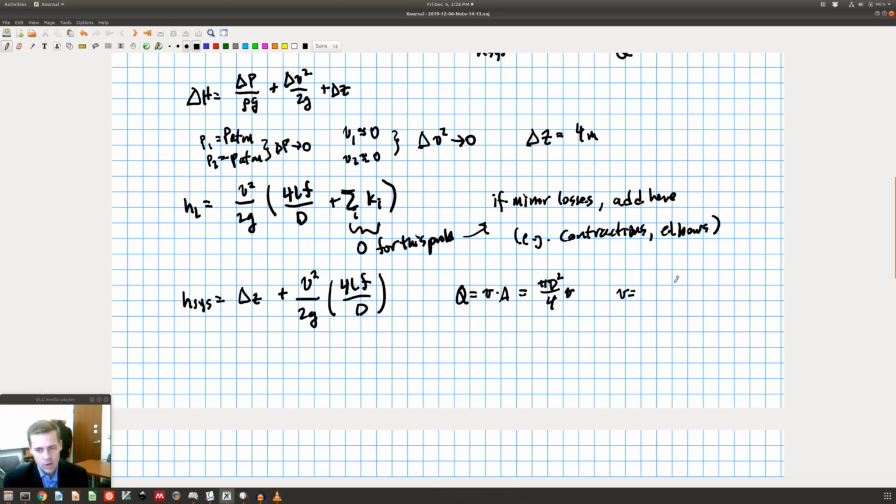So I can rewrite my velocity as 4Q over pi d squared.